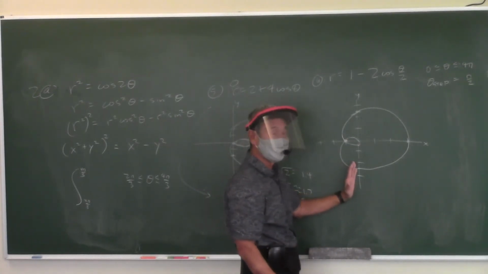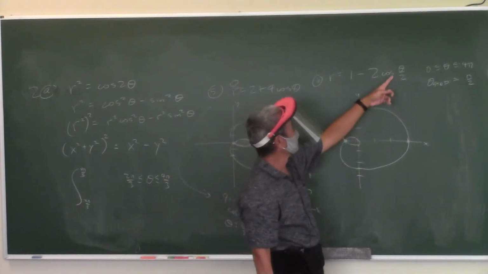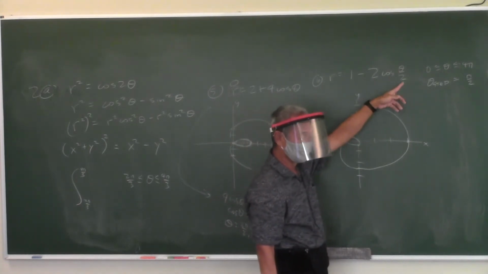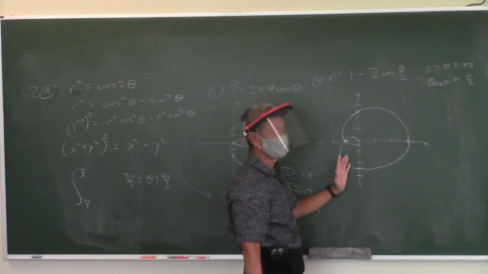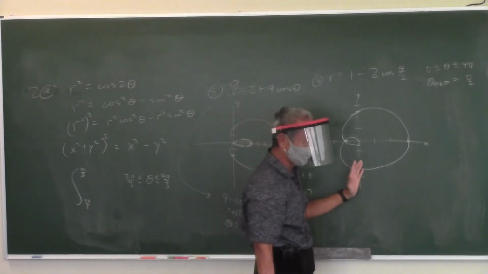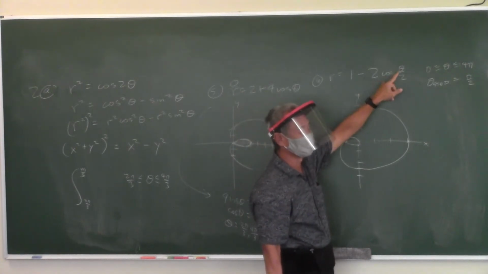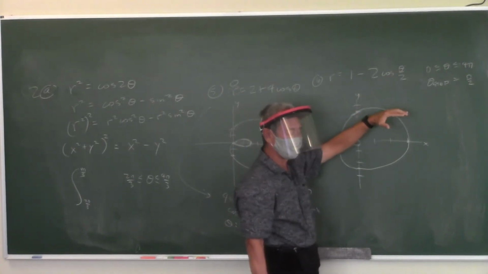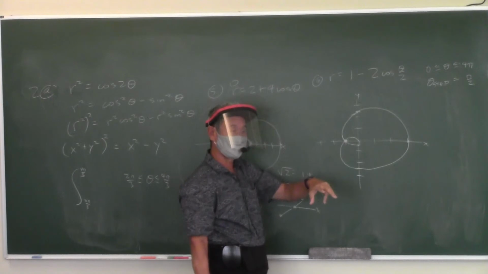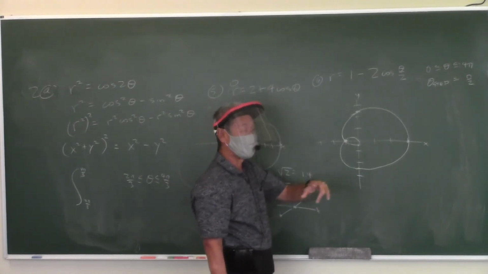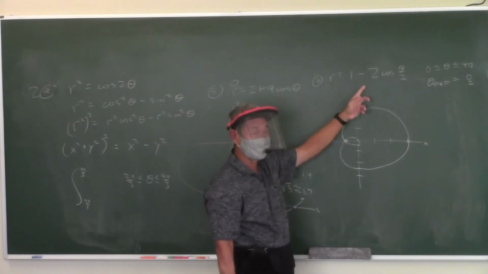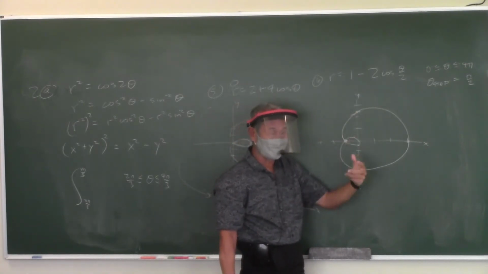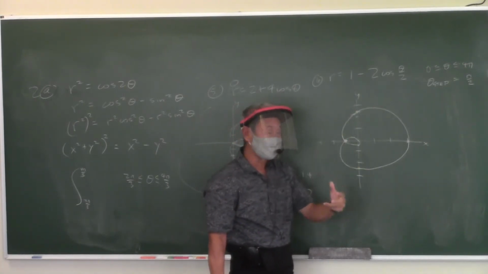Okay, now here's the tricky part. Now we're going to plug in 3 pi over 2. Wait, we're not at 3 pi over 2, we're at 7 pi over 2. 7 pi over 2 over 2. 7 pi over 4. What is the cosine of 7 pi over 4? Positive root 2 over 2. The 2's cancel out, so you get 1 minus root 2. 1 minus 1.4 is negative 0.4.